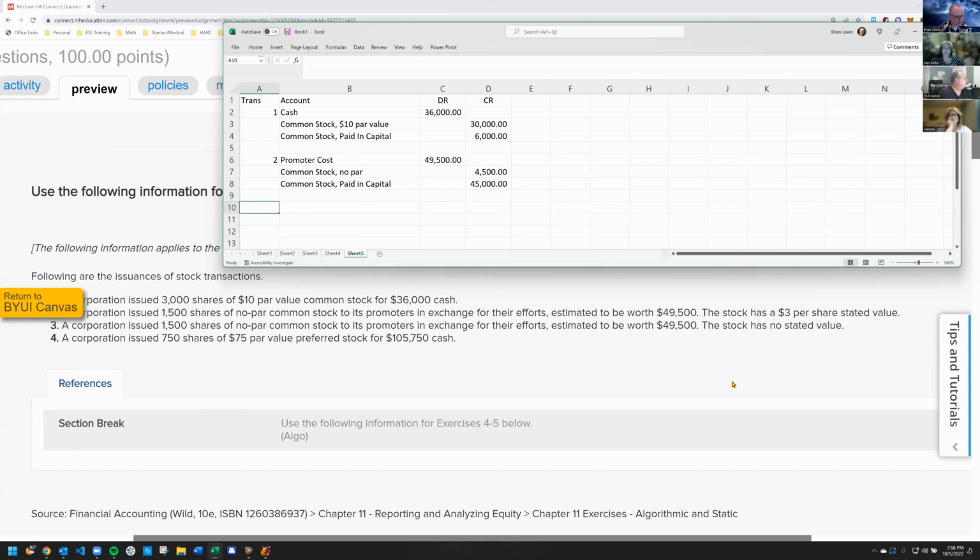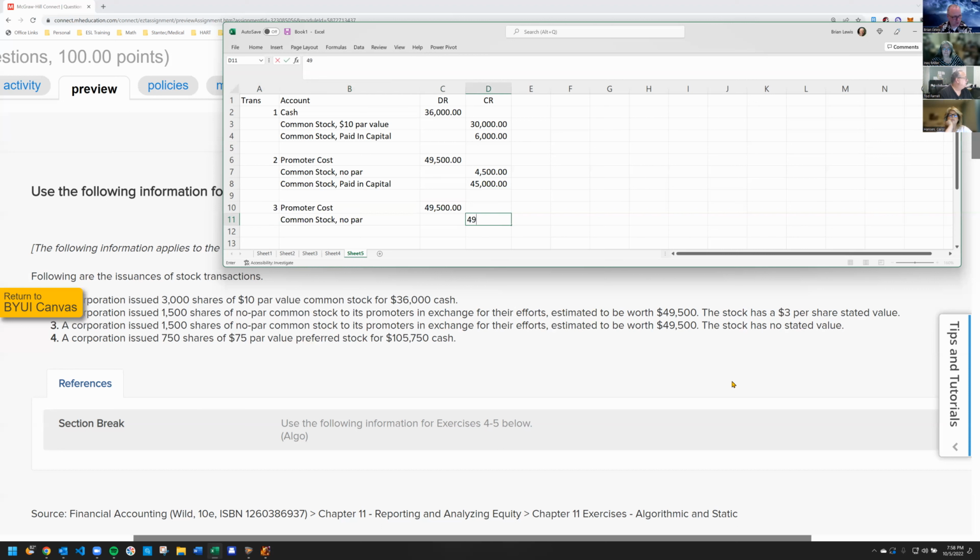Okay, in this other case, 3 non-par stock in exchange for the estimated 49. The stock has no stated value. Okay, only difference here, promoter cost 49,500, common stock, no par, and no stated value.